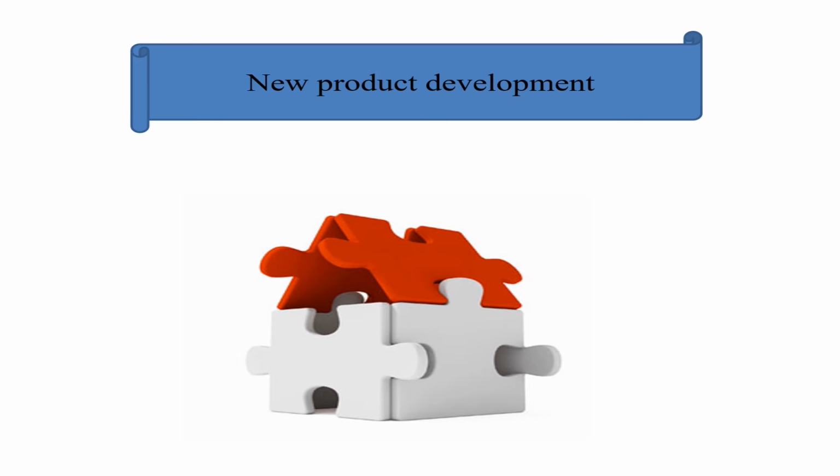Product development. Here, R&D or engineering develops the product concept into a physical product. This step calls for a large investment. It will show whether the product idea can be developed into a full-fledged workable product.